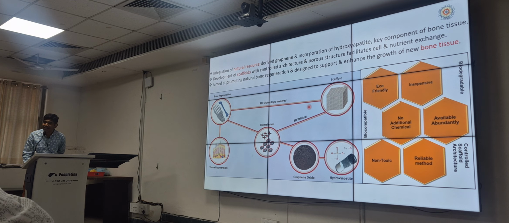Now more advanced has come, that is 4D. What is 4D? 4D is actually when 3D structures change into another dimension due to a change in temperature or pH or any other physical or chemical properties when the surrounding is changing. That way we are playing around with the 3D and the 4D so that it can successfully grow inside the body.